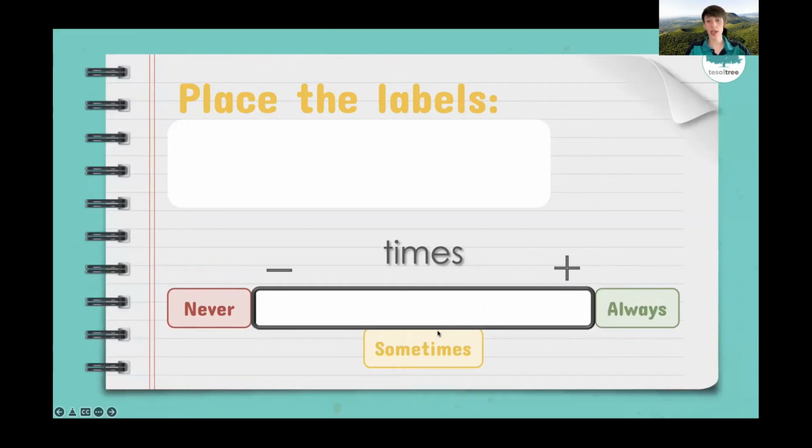Let's say these words together. Are you ready? Let's say never first. 3, 2, 1. Never. Good. Now let's say sometimes. 3, 2, 1. Sometimes. Now let's say always. 3, 2, 1. Always. Good.